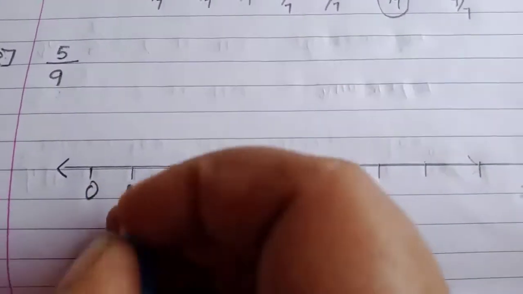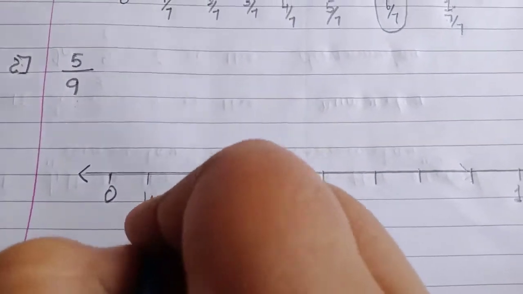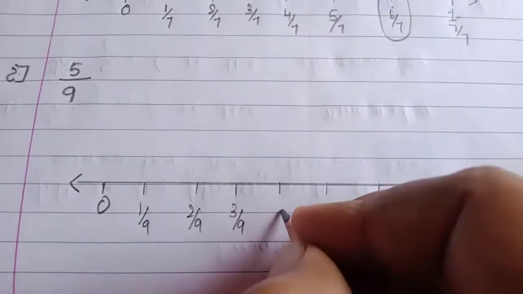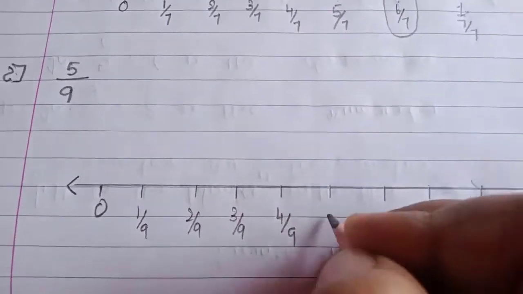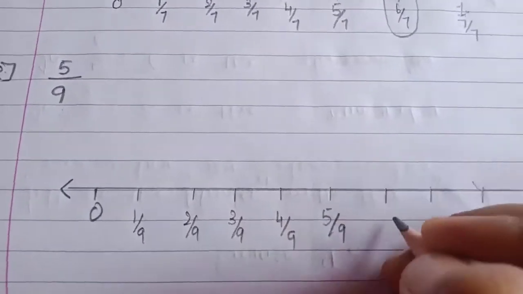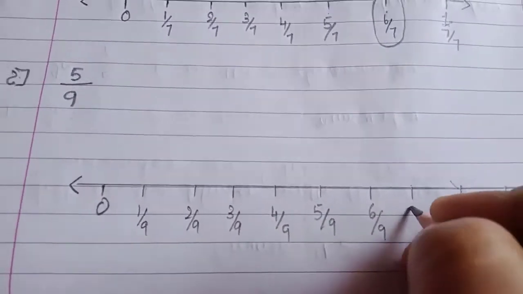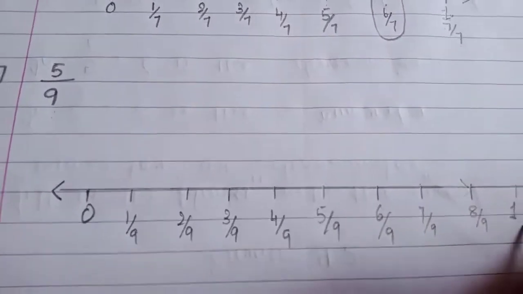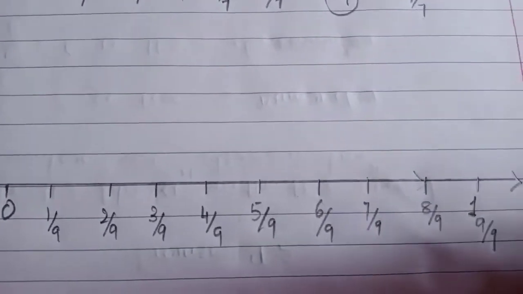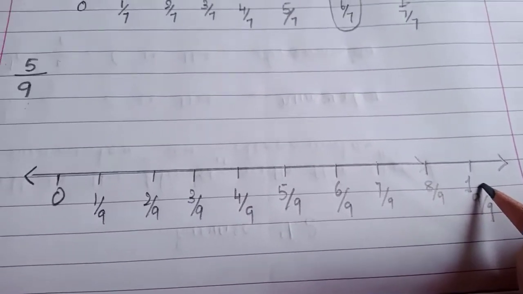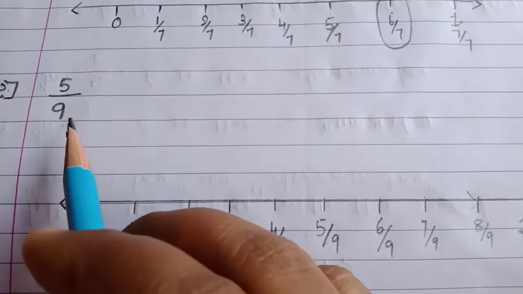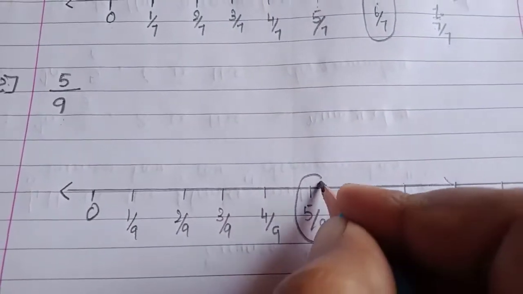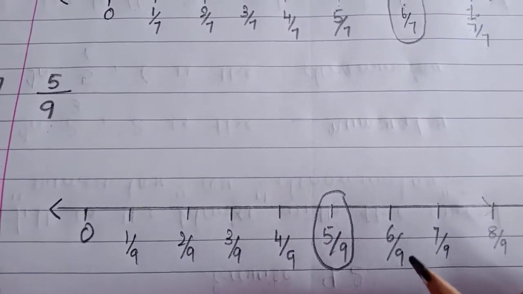So here we will write 1 upon 9, 2 upon 9, 3 upon 9, 4 upon 9, 5 upon 9, 6 upon 9, 7 upon 9, 8 upon 9. Here we will write 9 upon 9. 9 upon 9 means 1. Okay, so now we have to represent 5 upon 9. So where is 5 upon 9? Here. So it is the number line of the fraction 5 upon 9.